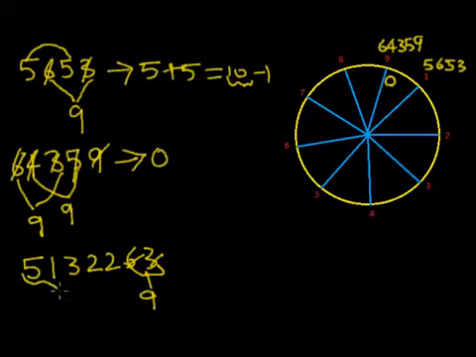Likewise, 5, 3 and 1, these three numbers add up to 9, so we can ignore them. What we are left with, 2 and 2, the digit sum of which is 4. So this large number can be placed on the spoke of 4. So it's pretty simple.